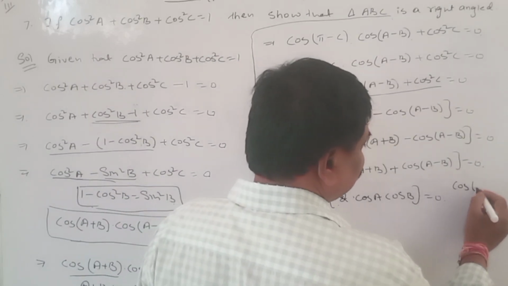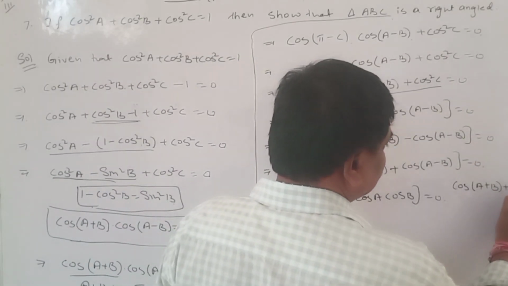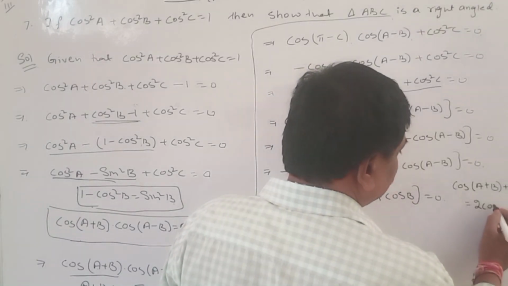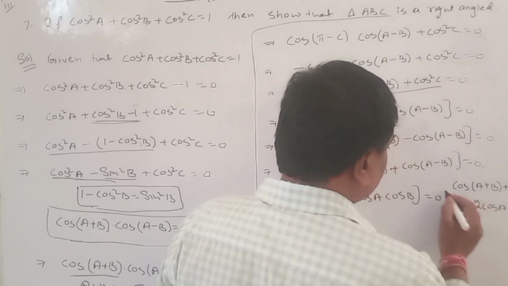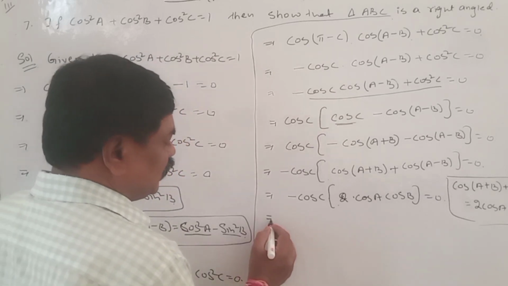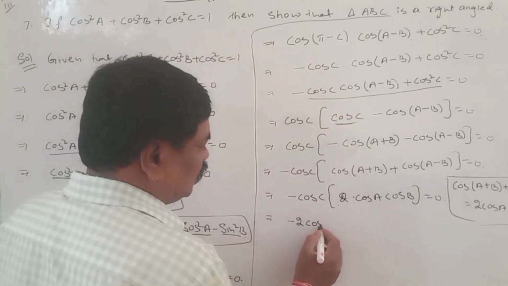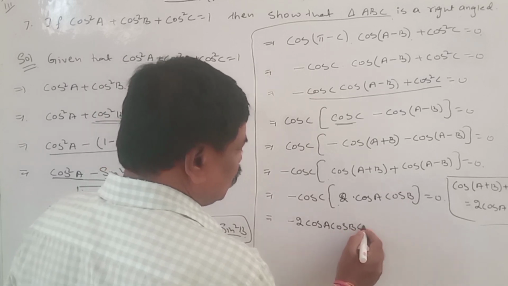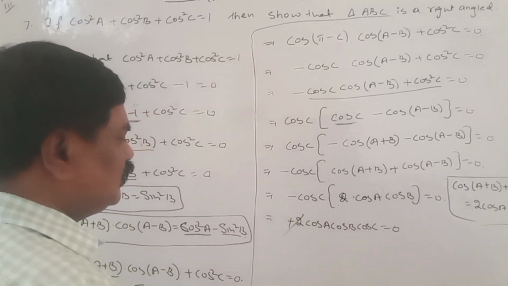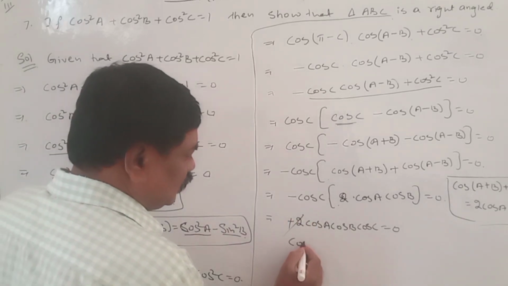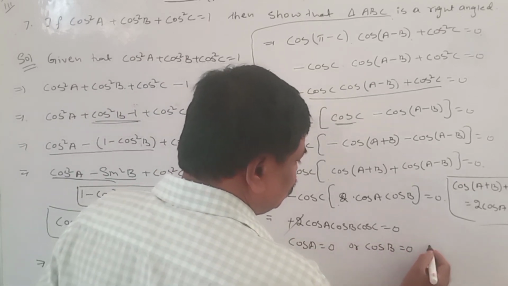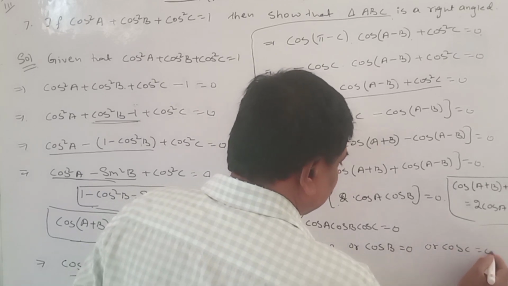Because cos of A plus B plus cos of A minus B is equal to 2 cos A cos B. Okay, all of you. So by using this formula, what is remaining? Minus 2 cos A cos B cos C is equal to 0. The 2 cancels. Cos A is equal to 0 or cos B is equal to 0 or cos C is equal to 0.